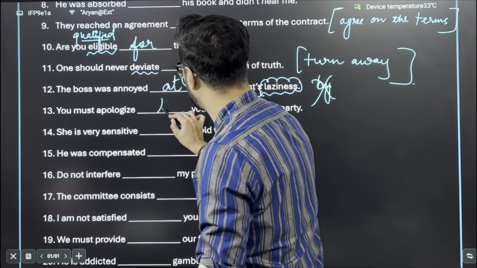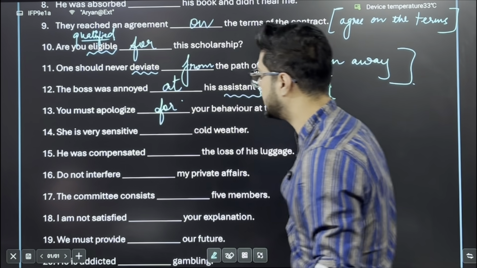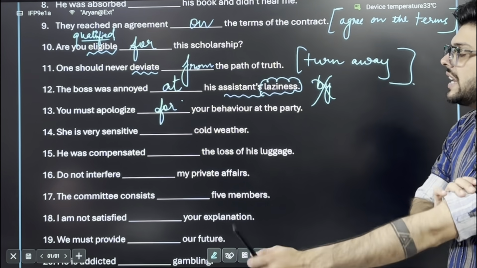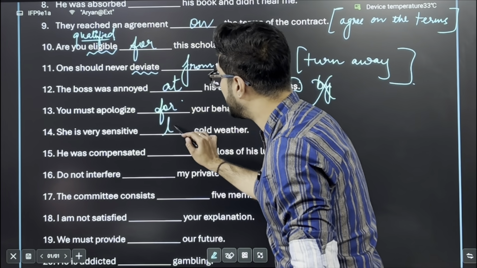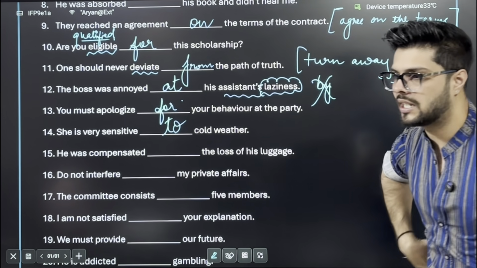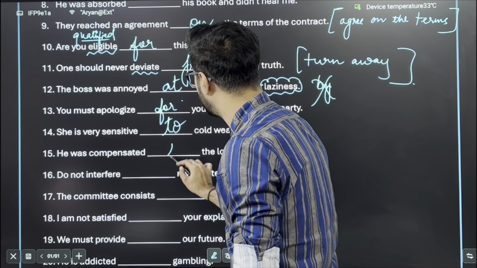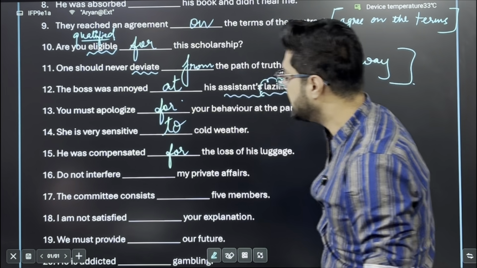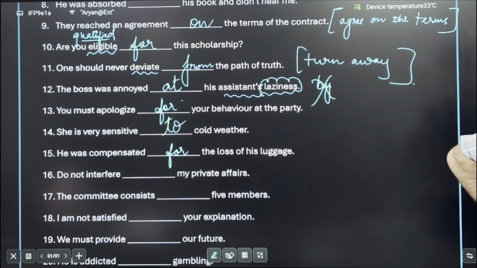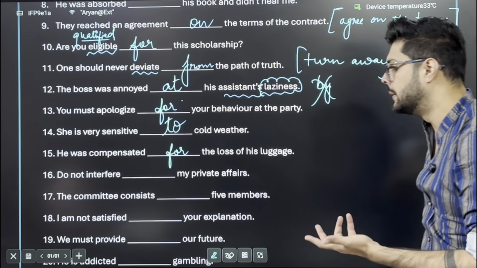You must apologize for your behavior. Fixed preposition. She is very sensitive to cold weather. You know, she catches a cold very quickly. So she is very sensitive to cold. He was compensated for the loss. He was granted compensation for whatever loss had happened.